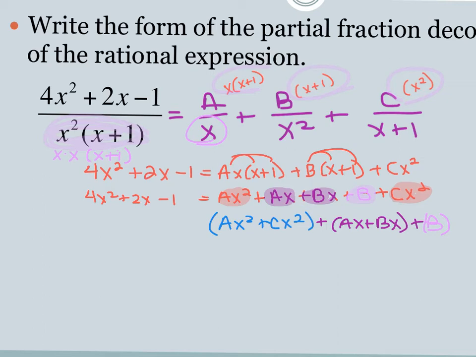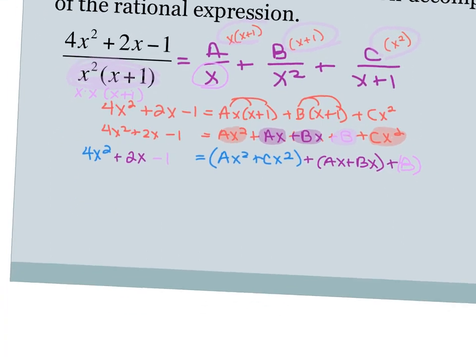Okay, so on the right-hand side, I already grouped it together. On the left-hand side, I'm going to match it up. So the 4x squared is going to match with my x squared. The 2x is going to match with my x. And the minus 1 is going to match with my constant. So I'm grouping them together, and then I'm going to break it into those 3 parts.